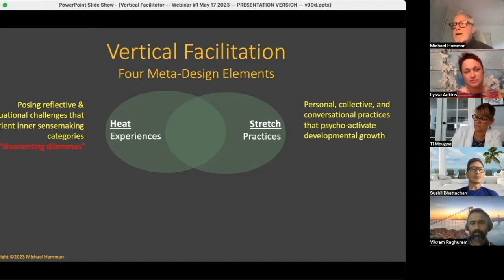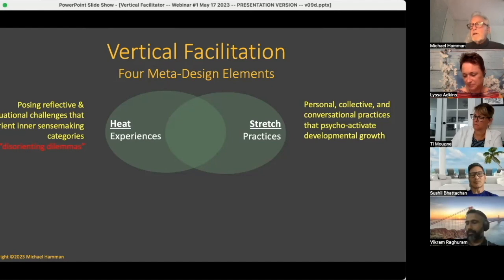At one point, we invite people to practice what we call level 2 listening. At first it feels very strange, but as they practice it, it introduces a different sort of perspective for them. Suddenly they realize that maybe their habit of wanting to give advice all the time is not necessarily the best thing. For many people, that's like an aha. So that's an example of a stretch practice.